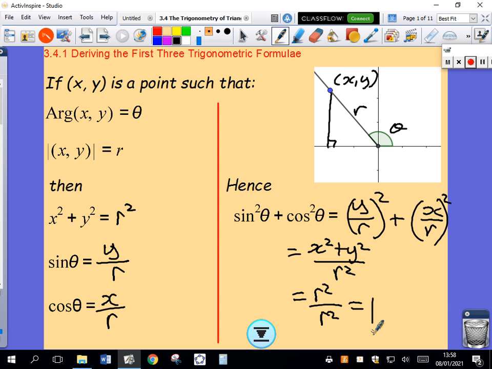Okay, so that's an important identity. No matter what value you use for theta, if you square the sine of theta and add it to the square of cosine theta, you will always get 1. And you should know that. Commit that to memory. It's in your log tables, or your formula and tables booklet, I should say.